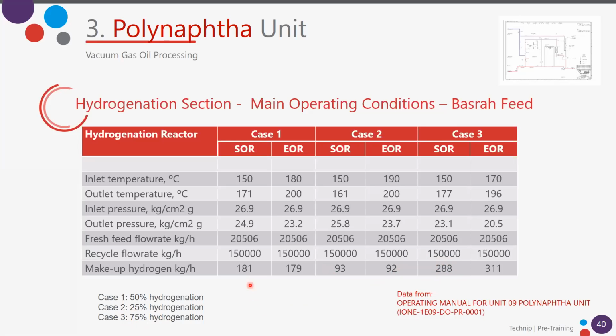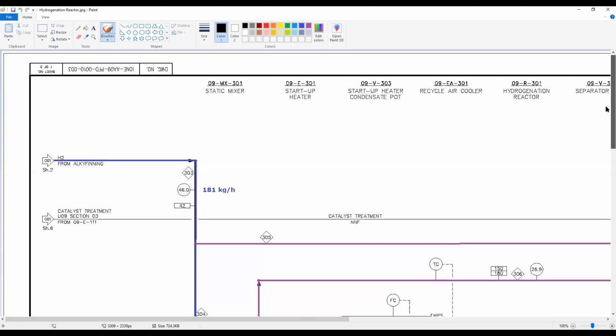As you can see, you work at more or less 26 kilograms per square centimeter of pressure. These are the inlet and outlet temperature of the reactor. I think that I have here the hydrogenation reactor that we have here.